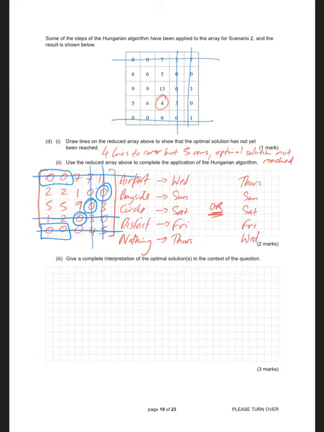Give a complete interpretation of the optimal solution or solutions in the context. I sort of did that already. There are two optimal solutions, lines closed on airport, Bayside, circle, district, nothing.